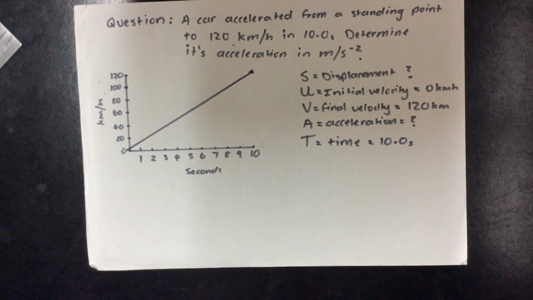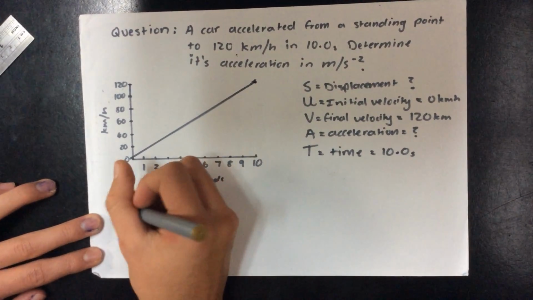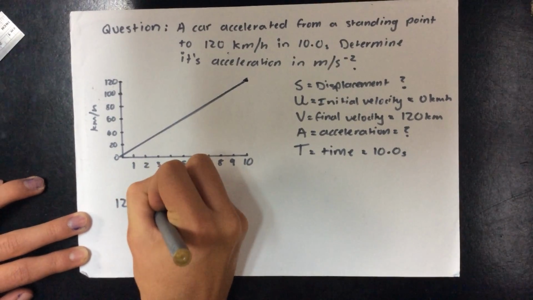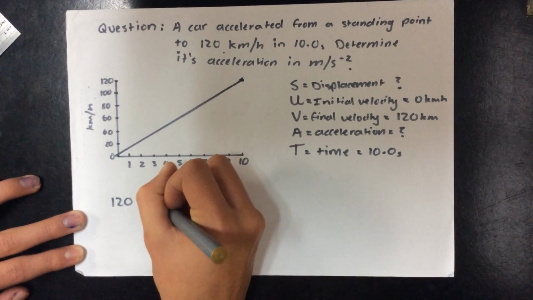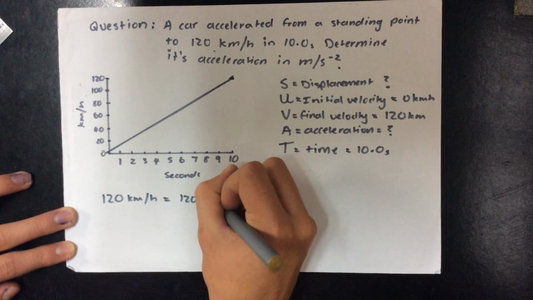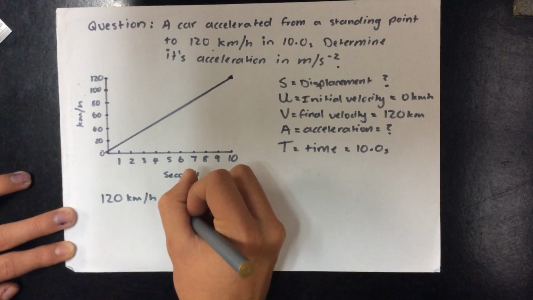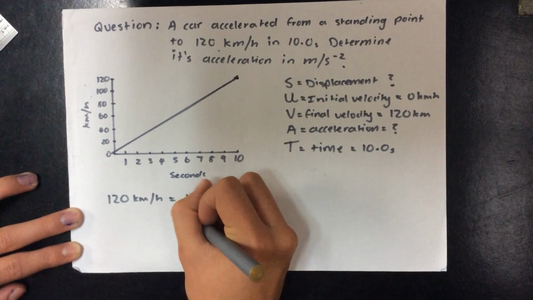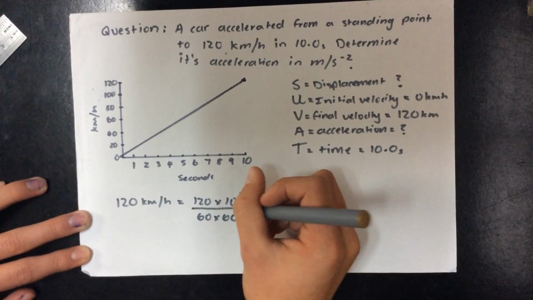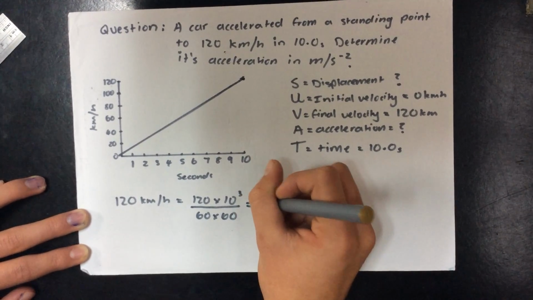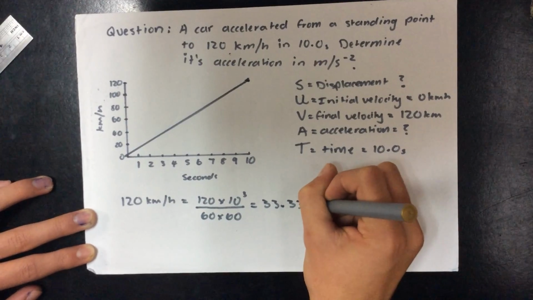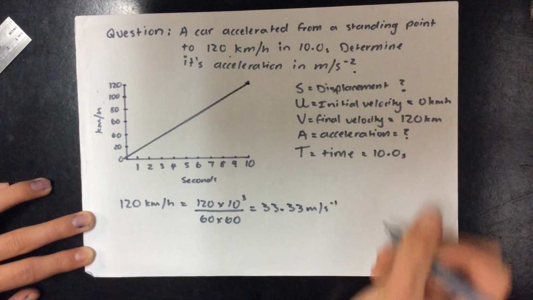So in order to do this, 120 kilometers an hour would be equal to 120 times 10 to the power of 3 all over 60 times 60, and that would equal 33.33 meters per second.